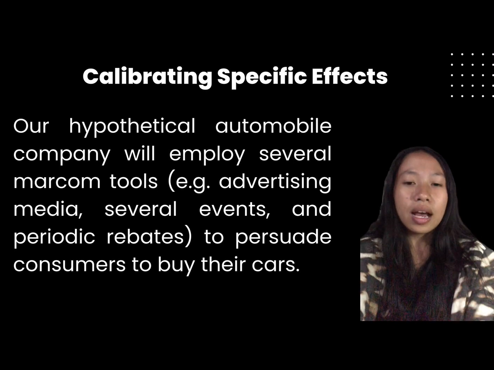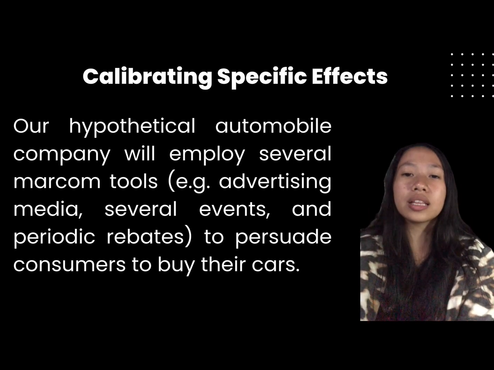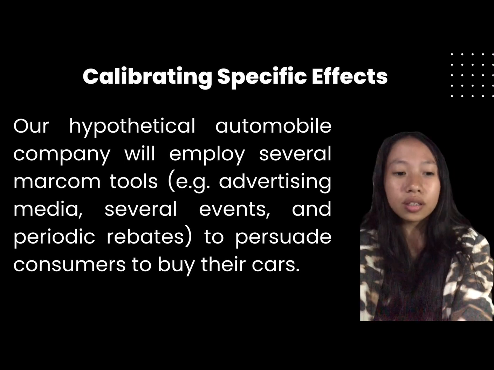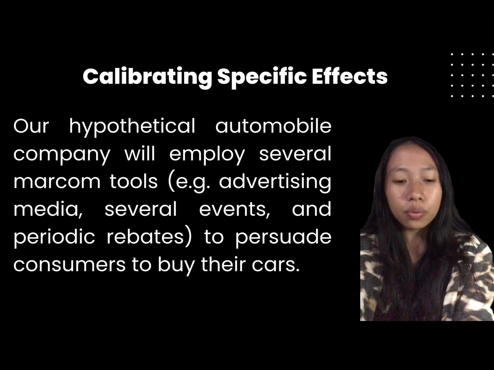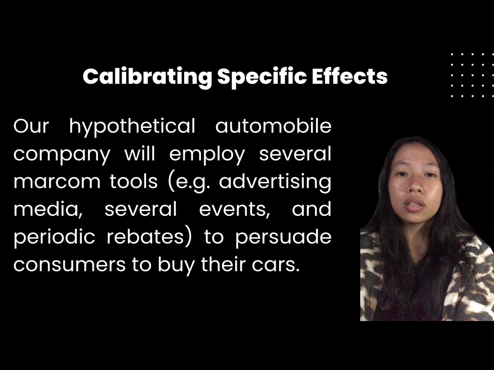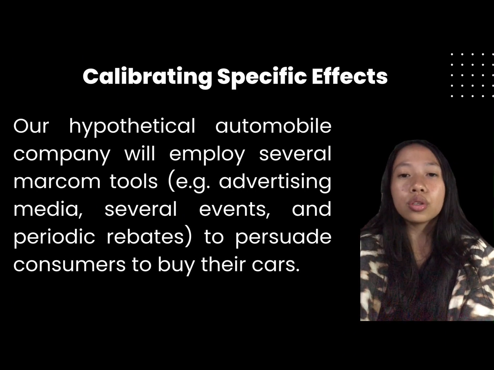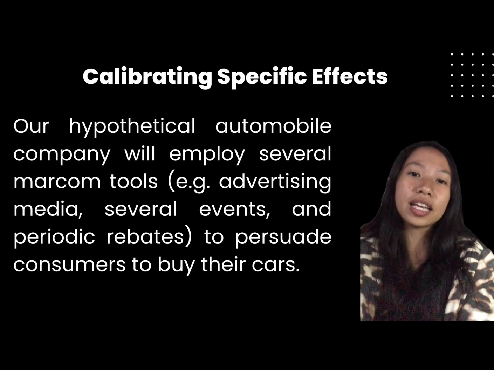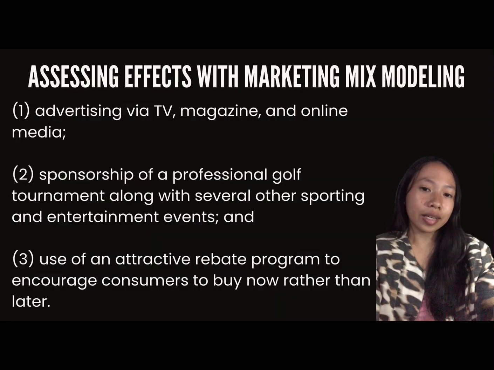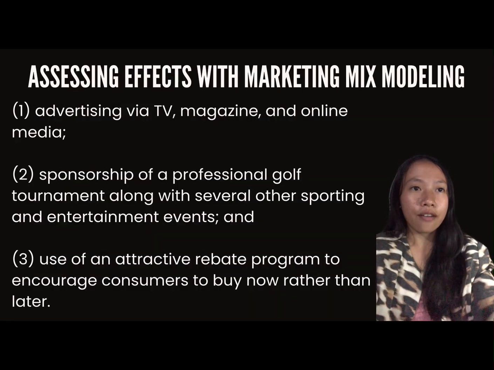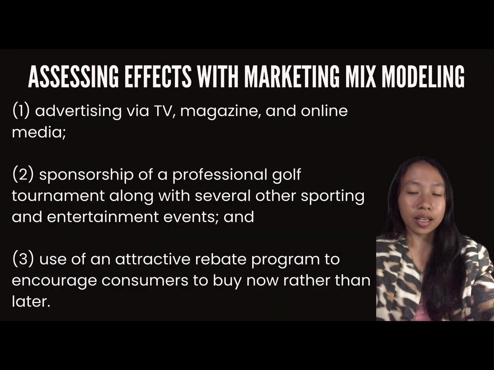So, for a measure to accurately reflect the real world and the relationships between variables, the model is calibrated by comparing its predictions to actual outcome data. Next is assessing effects with marketing mix modeling.